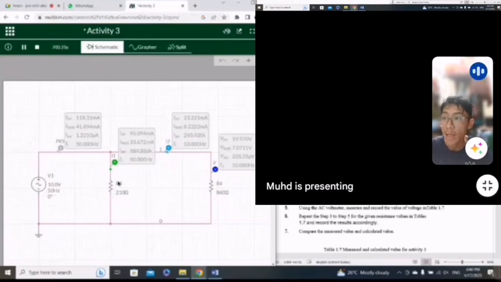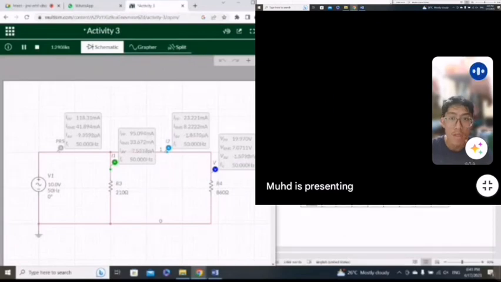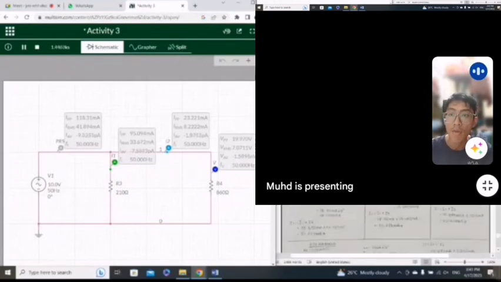So how do I get the VRMS? The formula for VRMS is voltage divided by square root 2. So it will get 7.0711 volt. And for the calculation value, I did it by manual calculation using the formula with complex numbers.